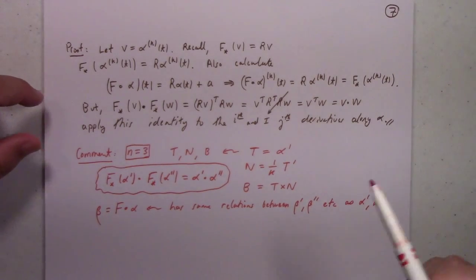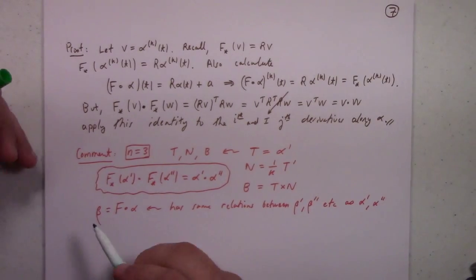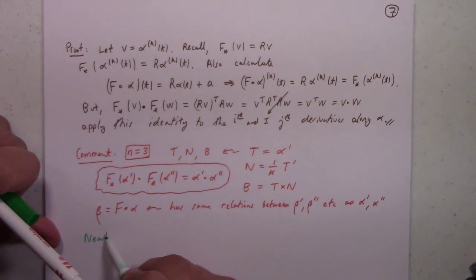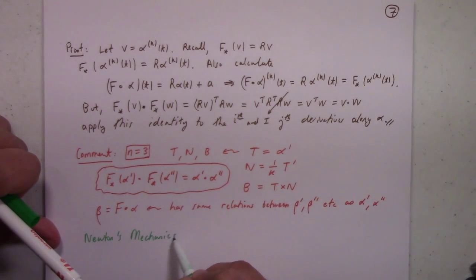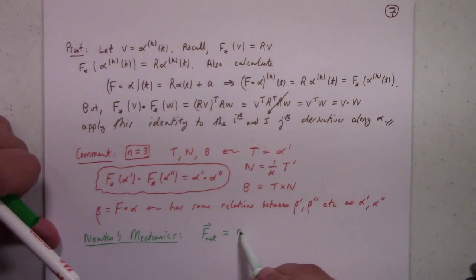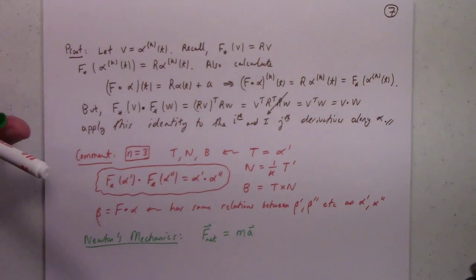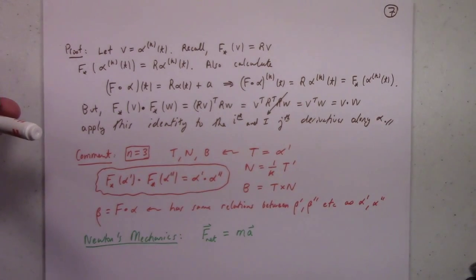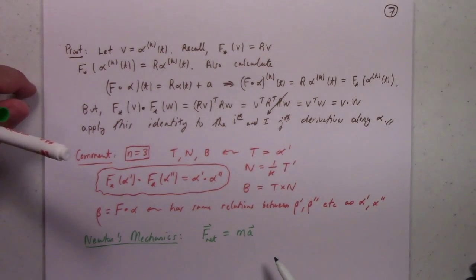And so if you think about Newtonian mechanics, it is all based on, well, the central thing is net force equals ma. But something we don't spend enough time talking about in physics is, with respect to what system of coordinates is this done?